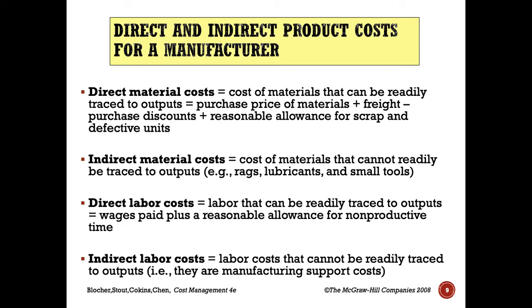Other types of non-productive labor that are discretionary and planned, such as downtime, payroll taxes, fringe benefits, vacation, and training, usually are included not as direct labor but as indirect labor.